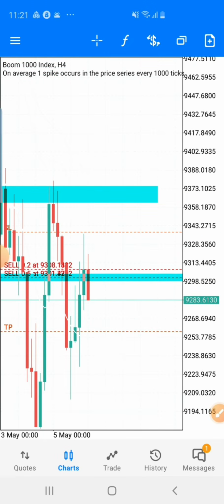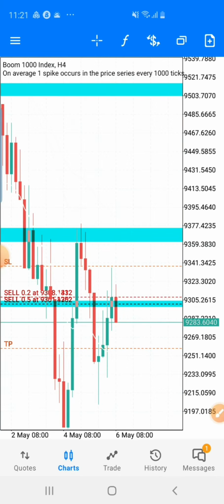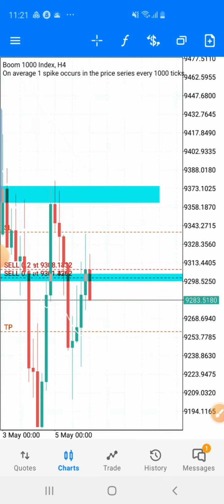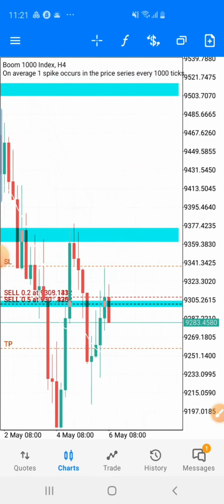A lot of people don't have money, they just have a small amount of money, and they want to risk it and see if they can flip the account to get a bigger account. So that's why it's important.